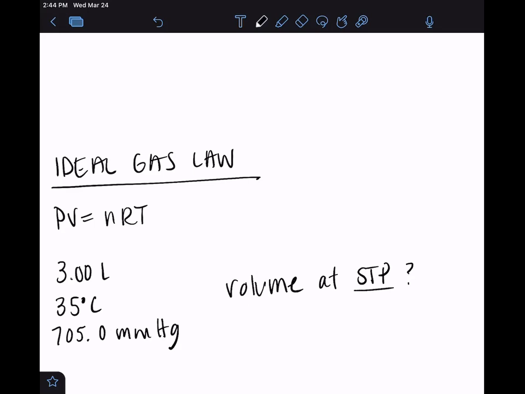Okay, so the first thing that you'd have to do is find values. You need to figure out a certain value for the problem, okay? So let's say we were given, let's see.